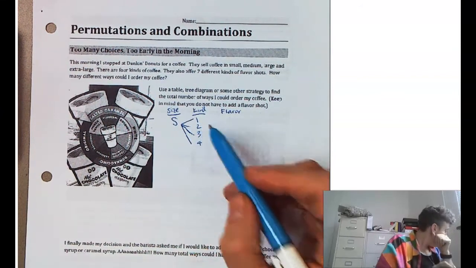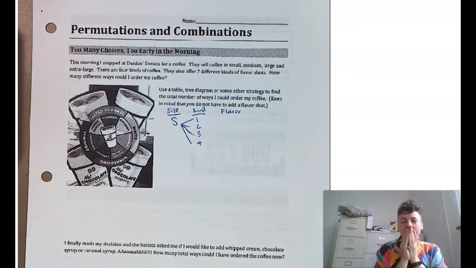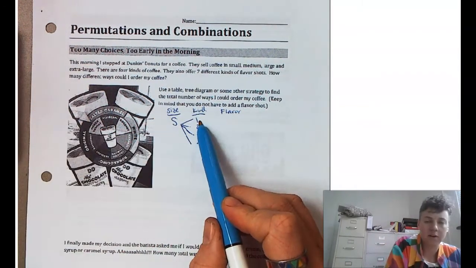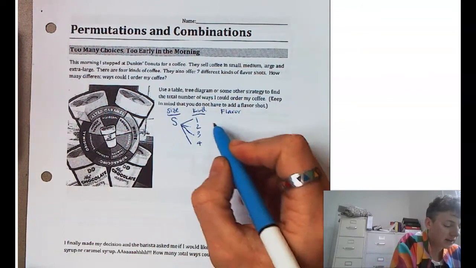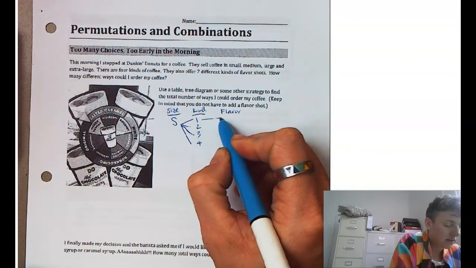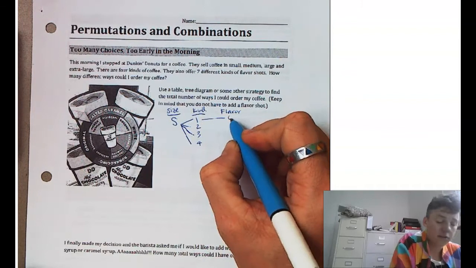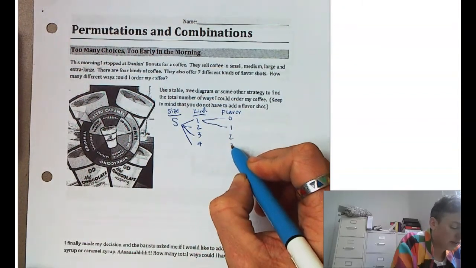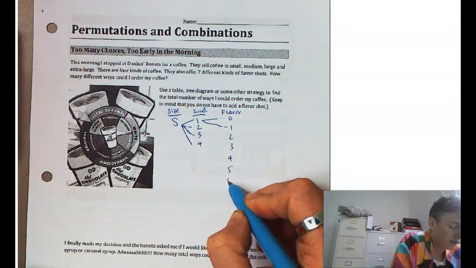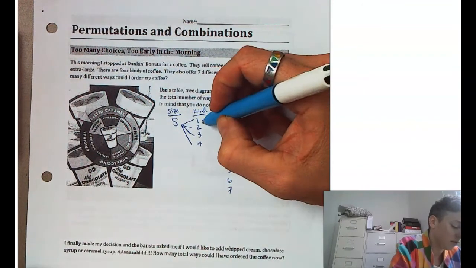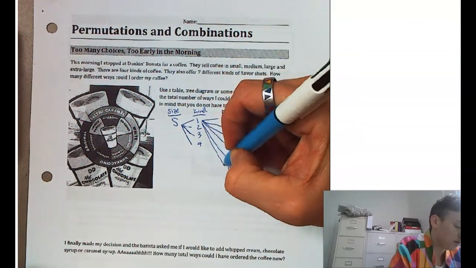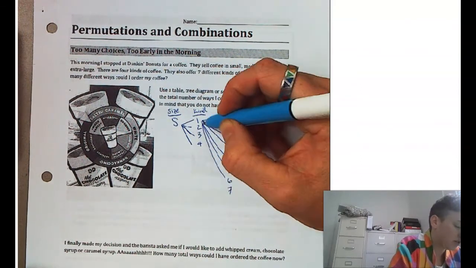So for each of these options, for the size option, and then I pick a type of coffee, I could have no flavor shot, or 1, 2, 3, 4, 5, 6, 7, any of those choices. Whew, this is already becoming a pretty big tree.